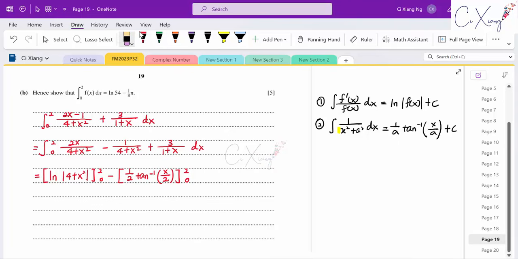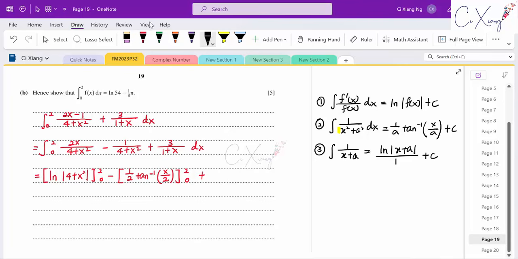Coming to the integration for the third term, we have 3 over 1 plus x. This one is basic: if you want to integrate 1 over x plus a, then we have ln of x plus a, divided by the differentiation of x plus a, which is 1, then plus c.